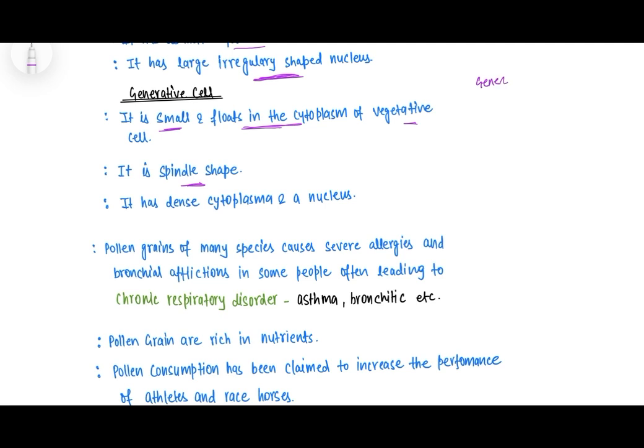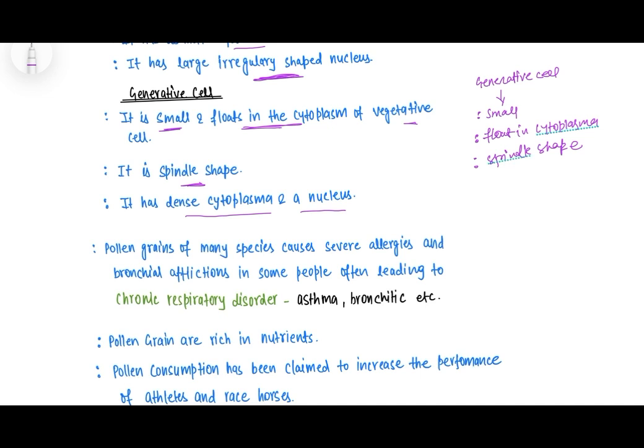Generative cell is small, floats in cytoplasm, it is a spindle shape, and it has dense cytoplasm and a nucleus.